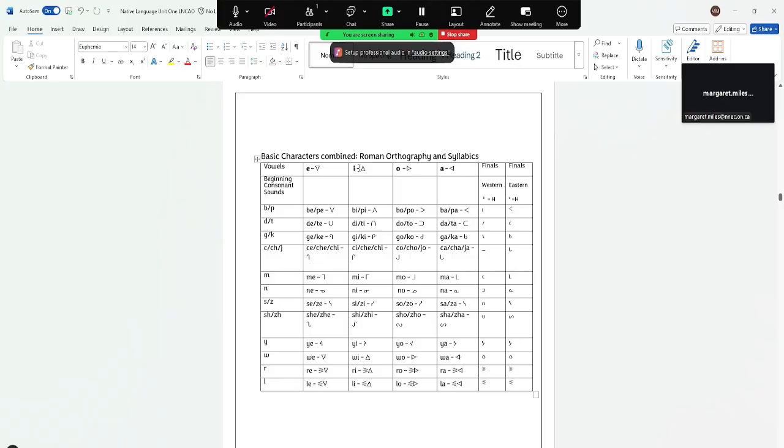E, I, O, A. And again, the finals are on the right hand side. So if you look at the Western, that's what we will be using in the course.